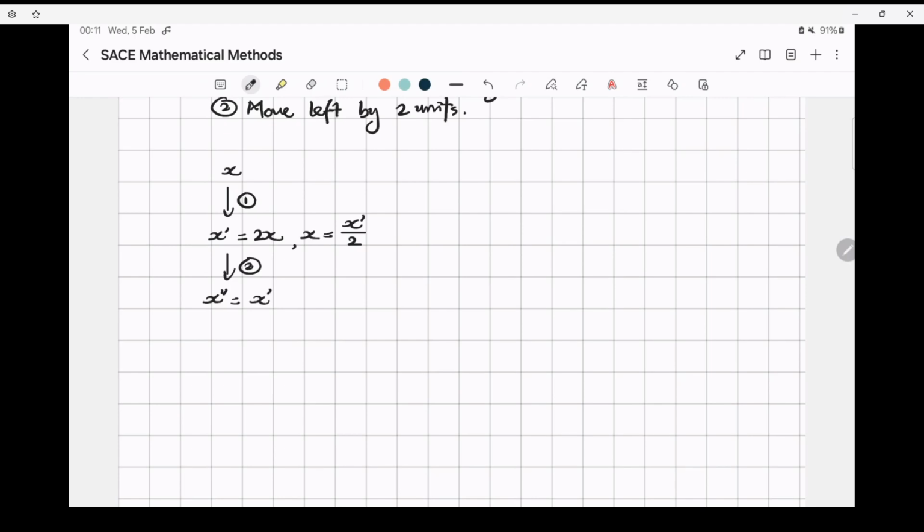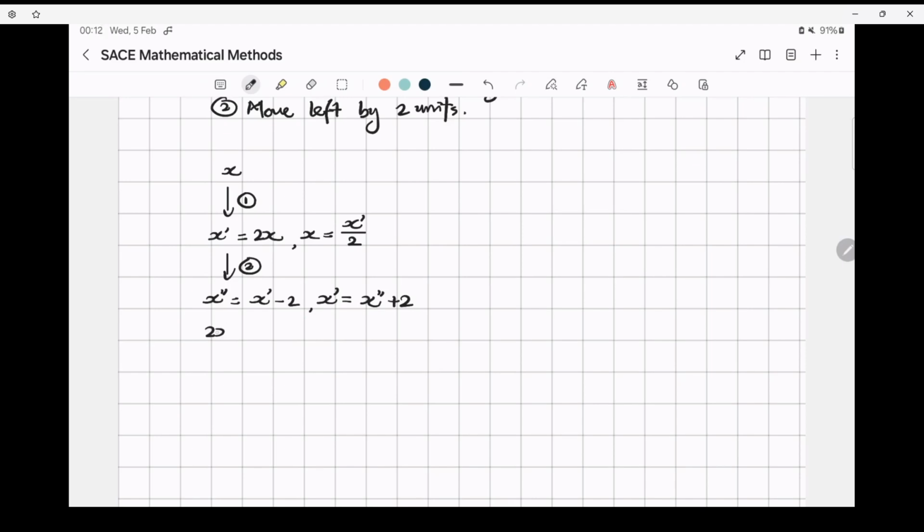You have x prime. You move left, so you minus 2. It means that your x prime is x double prime plus 2. And your x prime by itself is 2x.